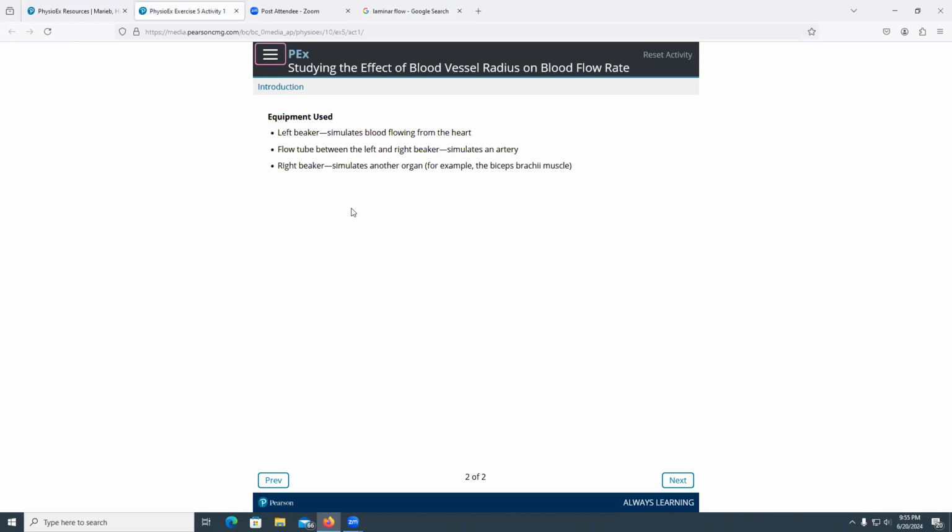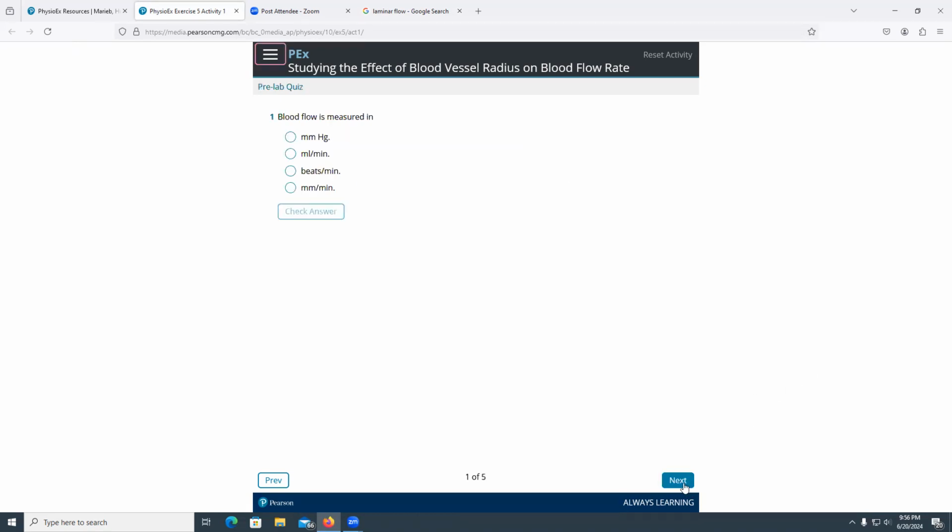And then it's going to enrich that muscle with oxygen and all the nutritional supplies for metabolism, and then it's going to be removing all the metabolic waste.